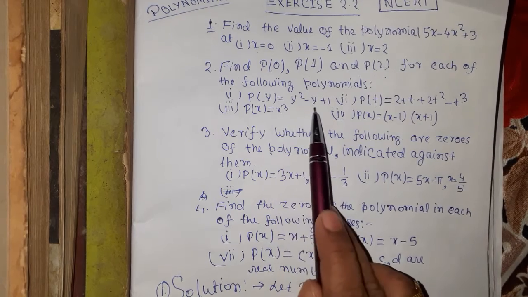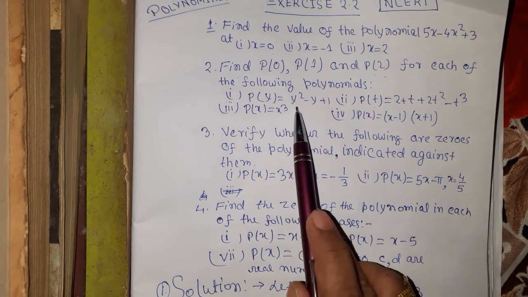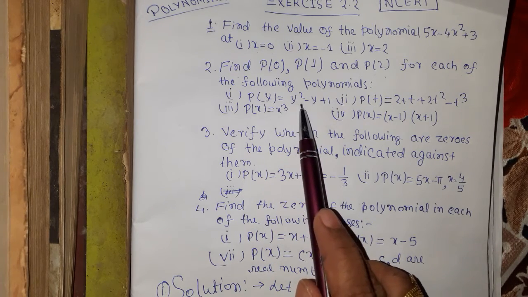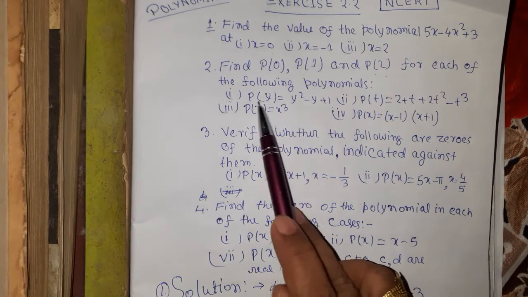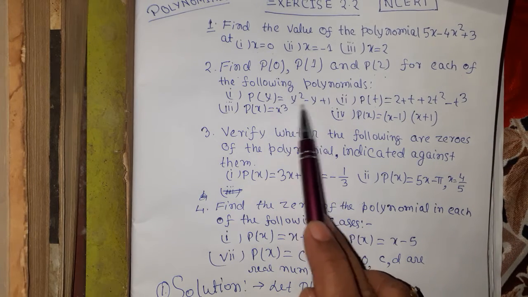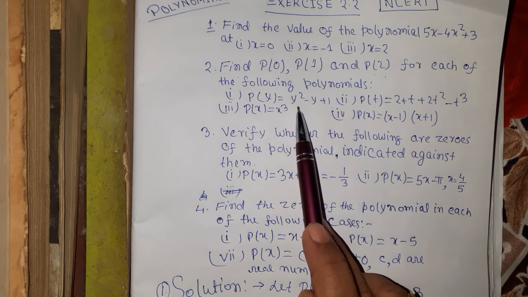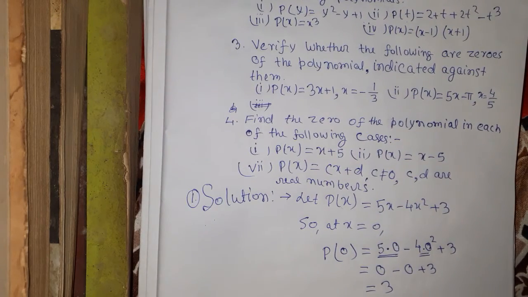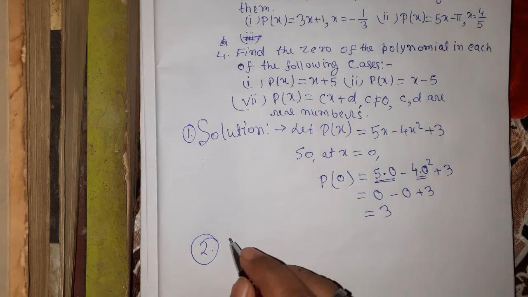Means this algebraic expression or the polynomial has the variable y. So we put the value of y is equal to 0 here and evaluate its value.